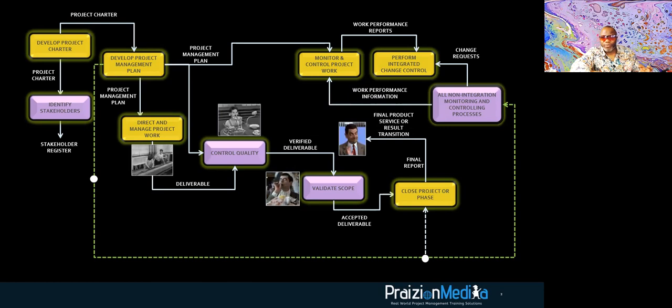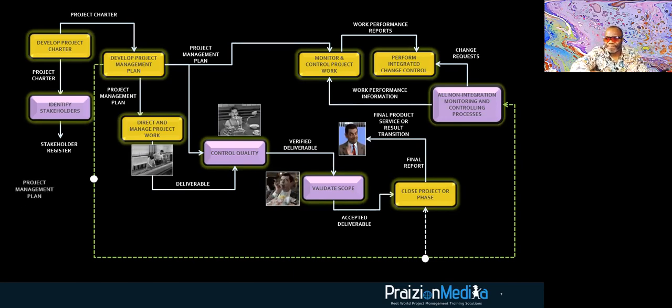And now we've got work performance information we need to put into a report. After all, what is a report? A report is made up of work performance information. You're just crystallizing it, whittling it down, and making it appropriate to each audience. Different stakeholder audiences, different reports. Senior management, give me a high-level report. I don't want to see your tasks. Just give me a high-level report.